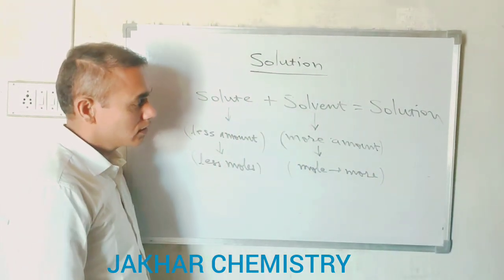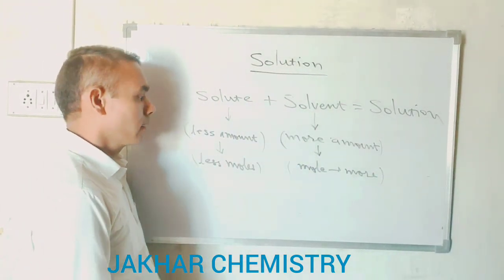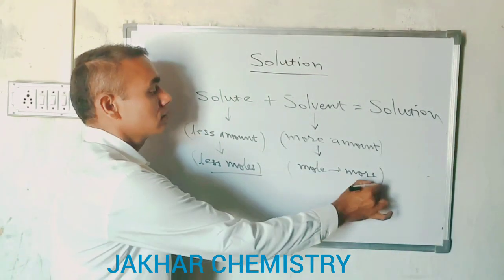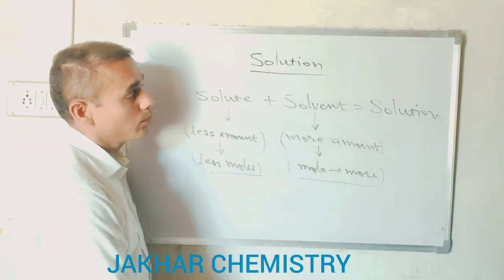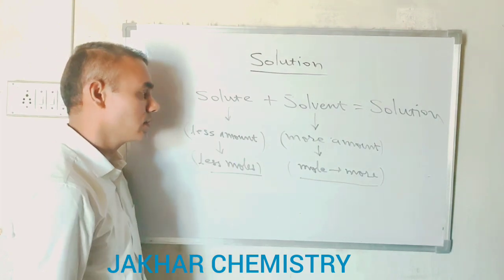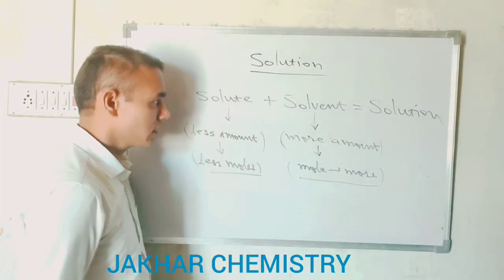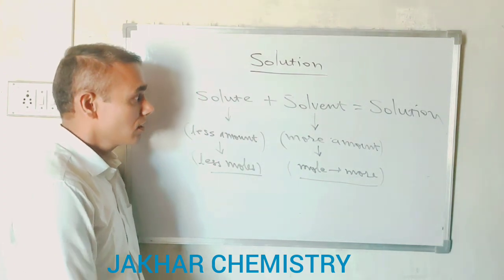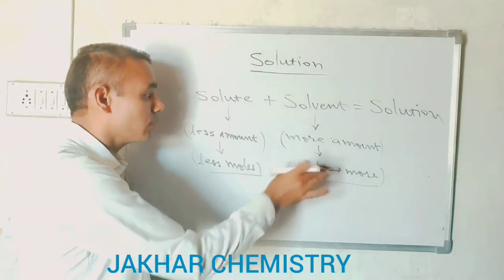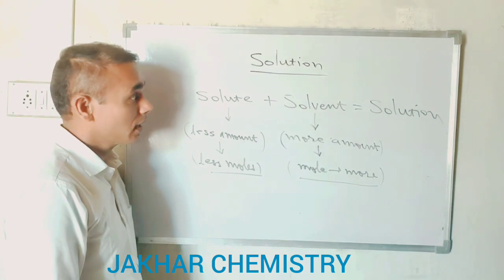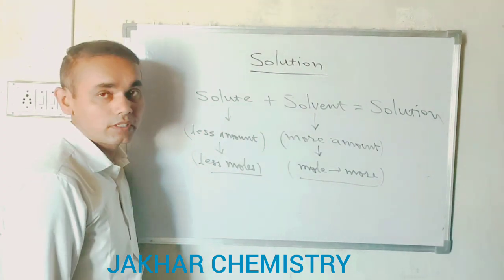So what are the conditions we are discussing here? Here we are saying that the component with more number of moles is the solvent and the component with less number of moles is the solute in a binary solution. If in a solution we are having both components in equal amount or equal number of moles, then how can we determine solute and solvent?